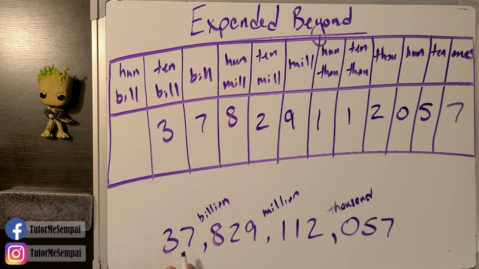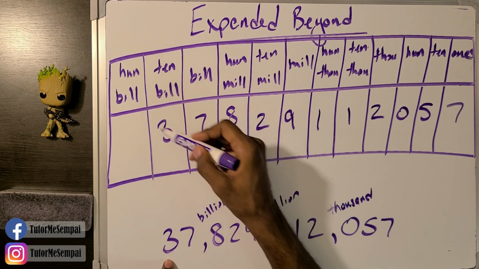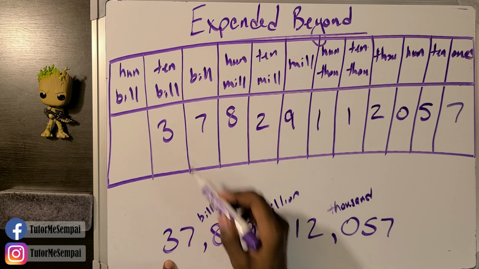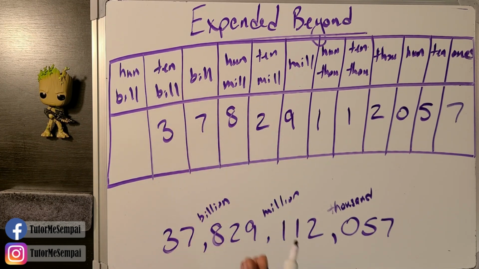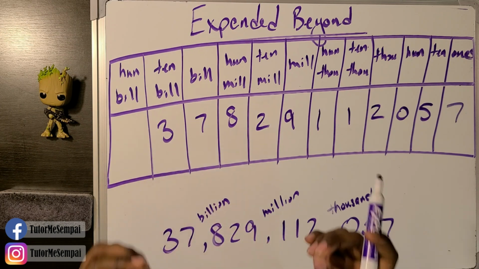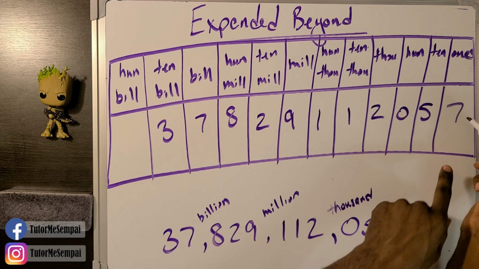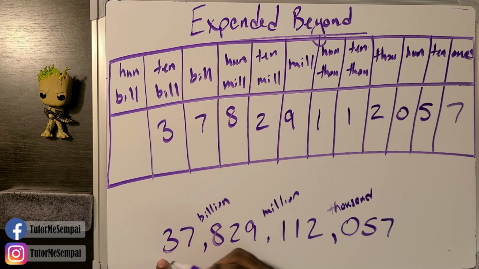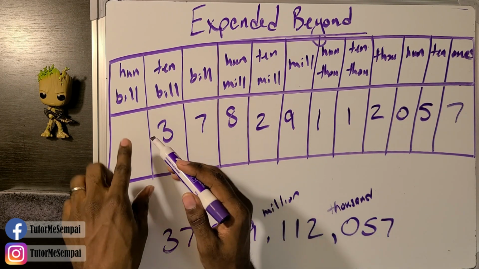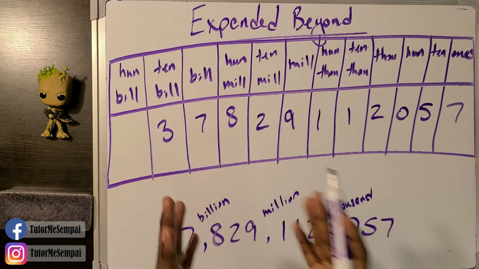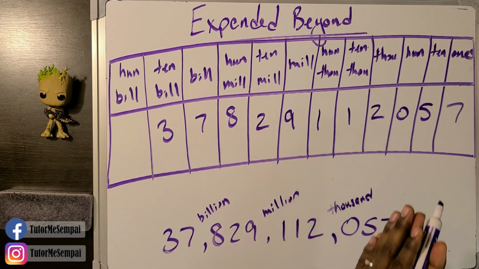But we see there are no 100 billions, and we have 10 billions, right? 37 billion. We have some 10 billions here. So we know that we started correctly. We didn't fill in something that we shouldn't have filled in to start with. So even if you forget to start from the right, as long as you're checking what your actual number reads as, and you're not filling in anything extra, that should be good enough to catch any mistakes as well.